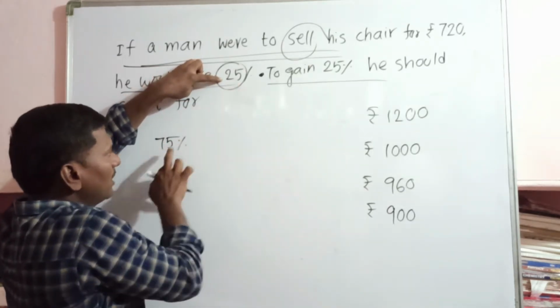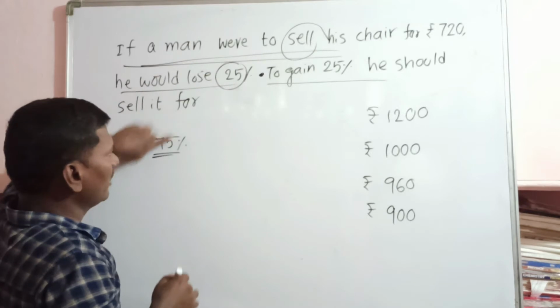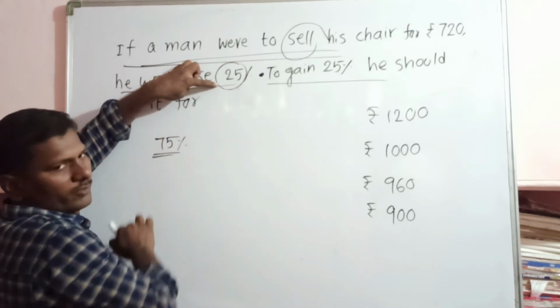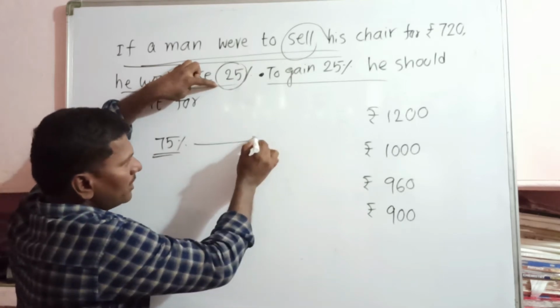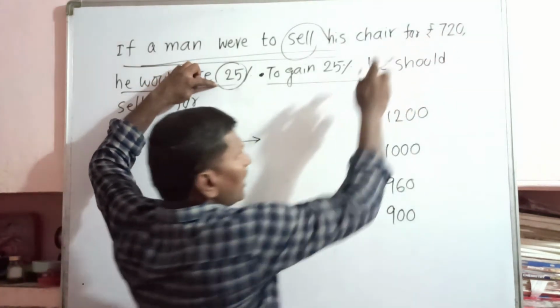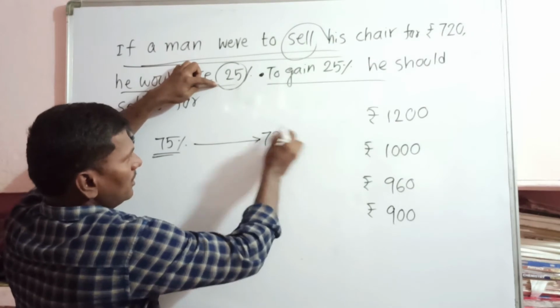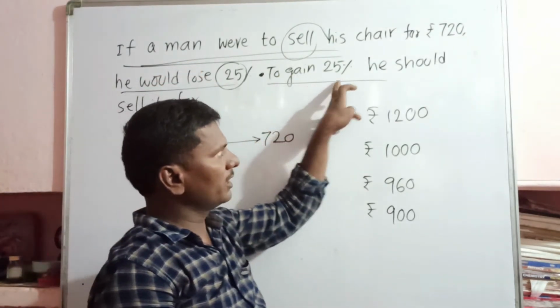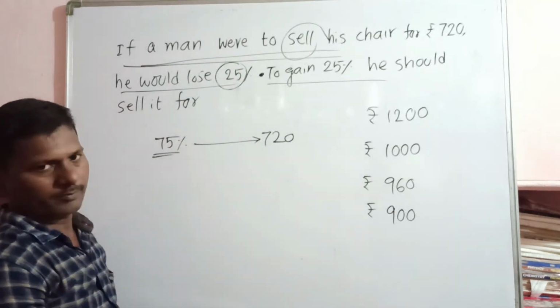That means 100 minus 25, that is 75%. This 75% value is equal to 720. This is the information. The question is, to gain 25%, for how much should he sell it?